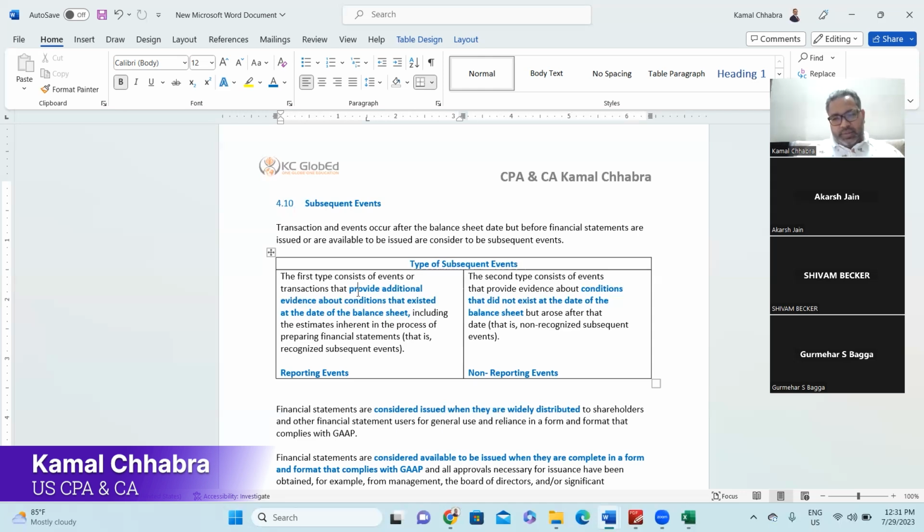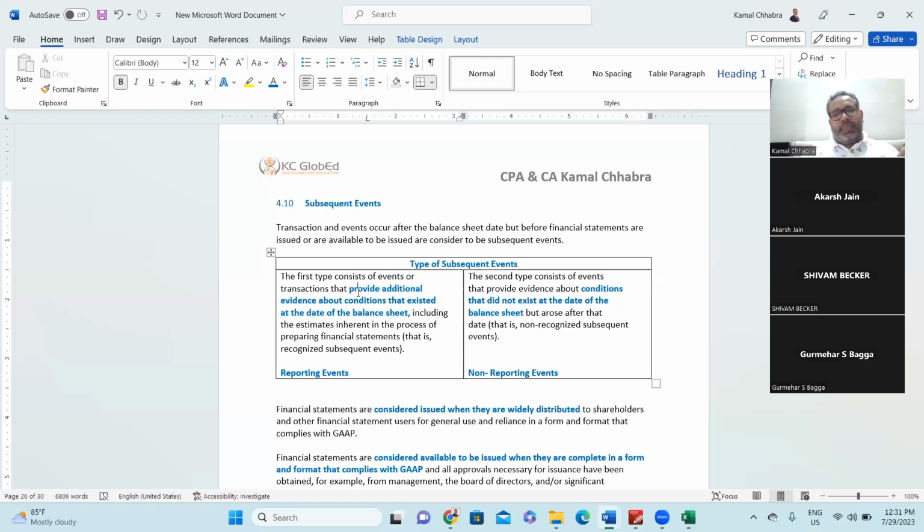The base must exist before the balance sheet date. For example, like you said, debtors were there on the balance sheet date. Say you are preparing the December 2022 financial statements, and you have a signing date of 28th February 2023. You have $1 million of receivable from Mr. X. In January, Mr. X went bankrupt.